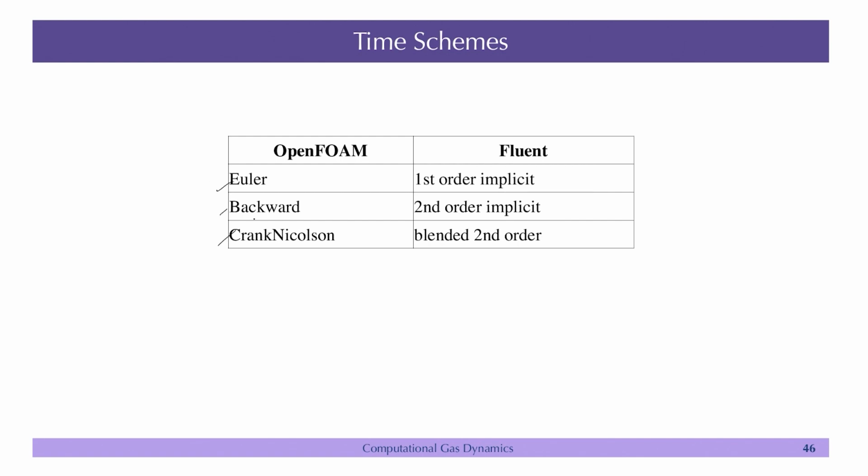You can also implement your own scheme, for example, Runge-Kutta 3, Runge-Kutta 4. Some of them are already there, and similarly you have first order implicit, second order implicit, or the blended second order in Fluent. There may be slight differences in implementations, but what I am trying to give you is the big picture of the schemes available in both these solvers.